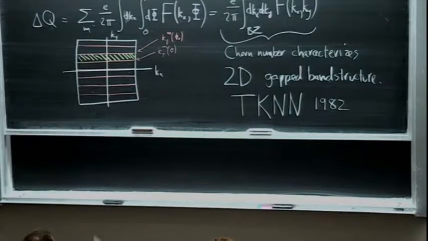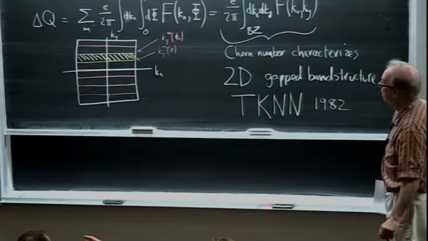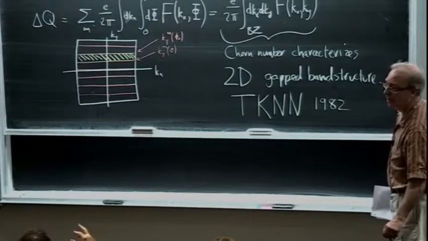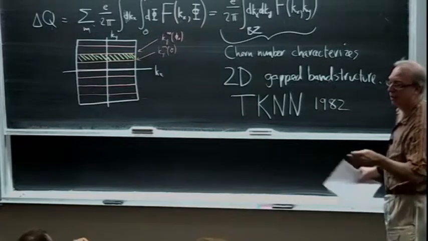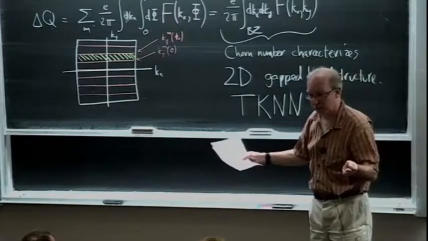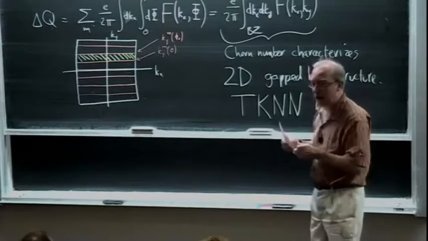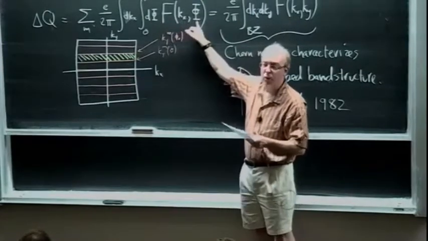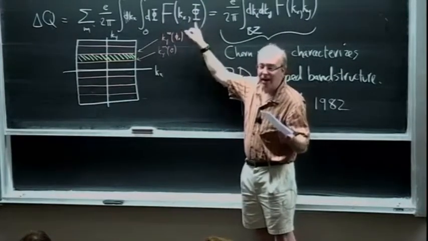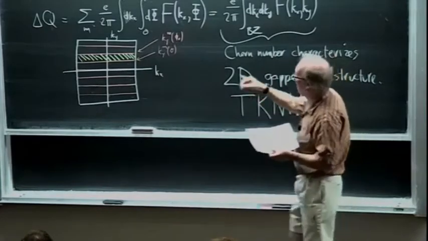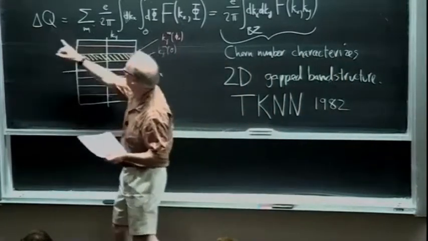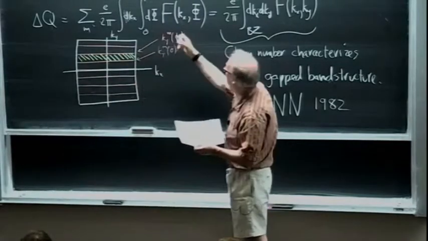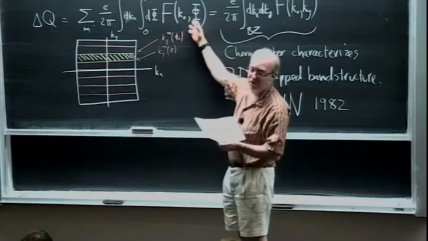So can you just connect this to the previous lectures? In the previous lecture, you talked about Thouless pump as well. Yes. There I was talking about a generic one-dimensional system, where I had a one-dimensional band structure characterized by kx and a parameter which I called time. I showed that the charge that gets pumped is, I only had one band, and then this was my parameter.